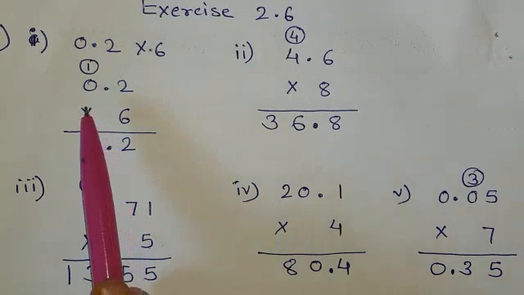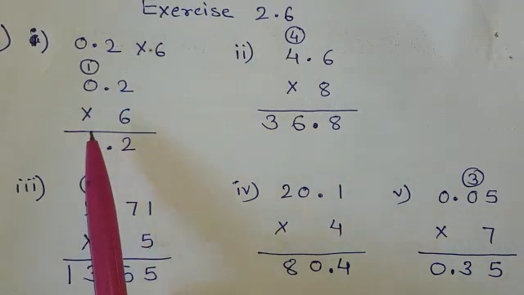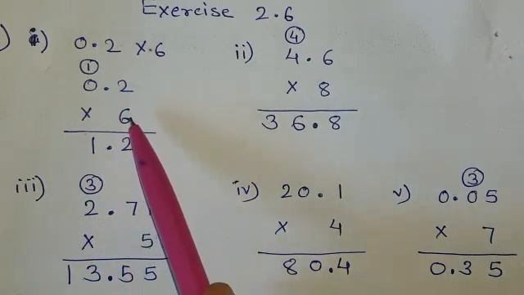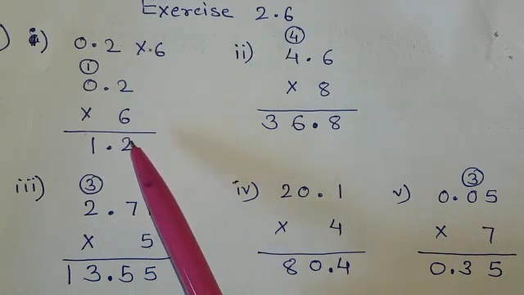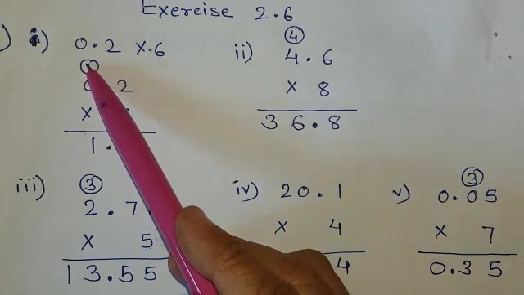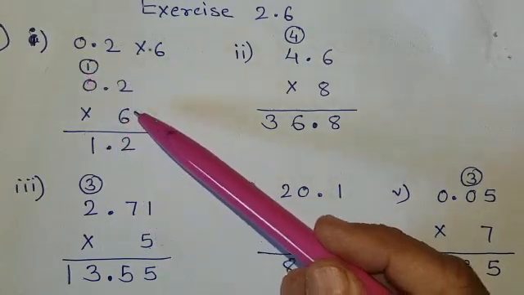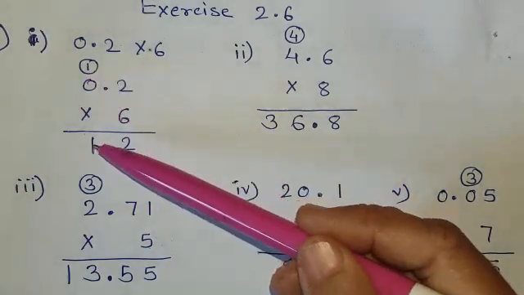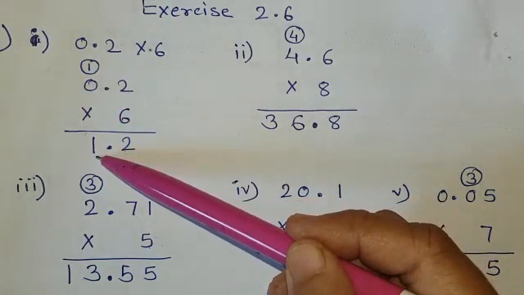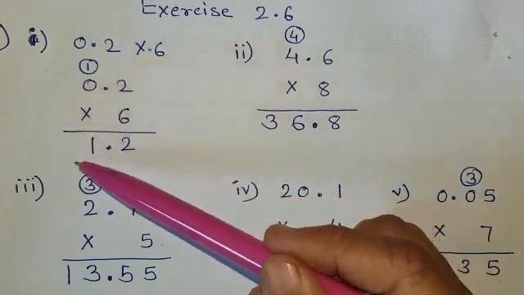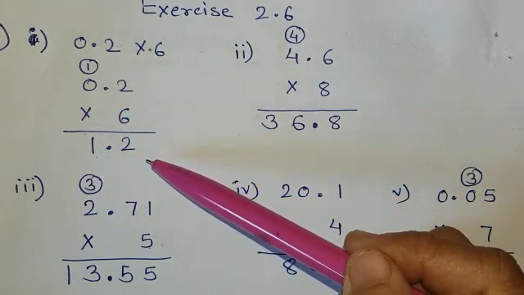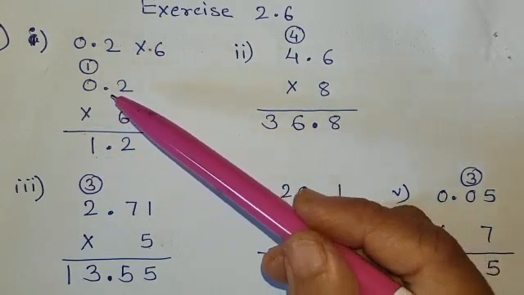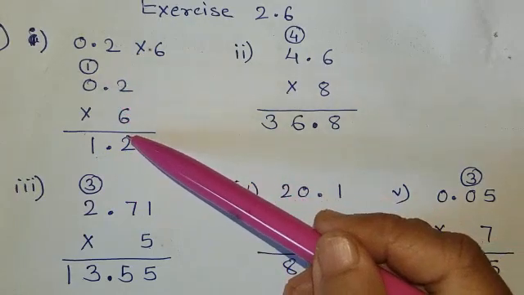Here I have written 0.2 multiplied by 6. Now 6 twos are 12, 2 here, 1 carry on to the next number. 6 zeros are 0 plus 1 gives me the answer 1. Now while doing the multiplication of decimal numbers, don't put decimals while multiplying.